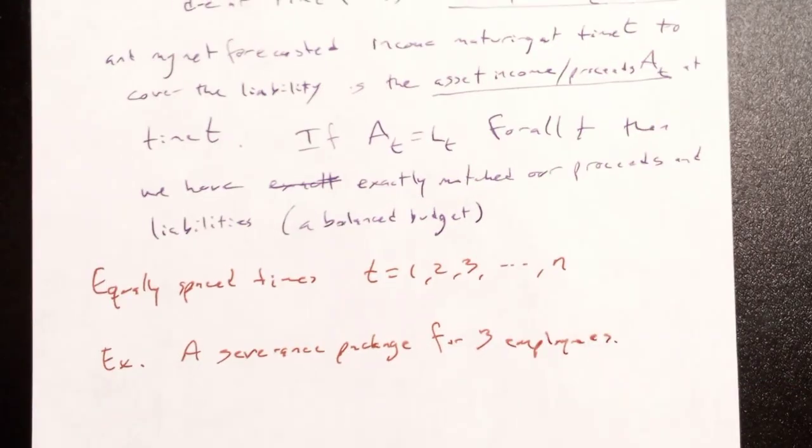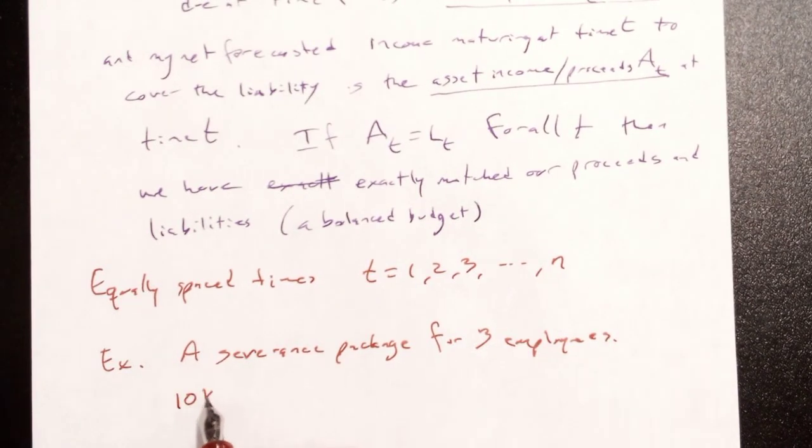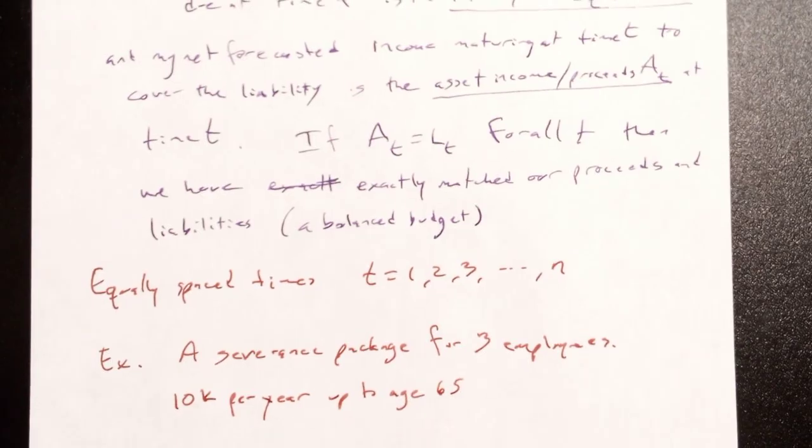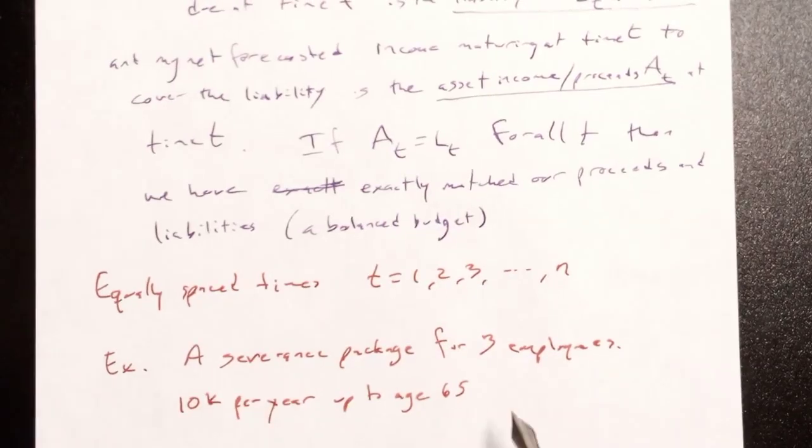I'm going to lay people off. But my company says that if you lay people off before the age of 65, they get $10,000 a year. And then they get a single payment of $100,000.